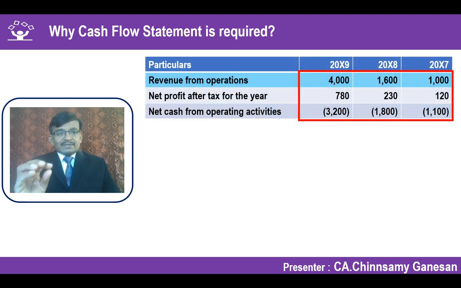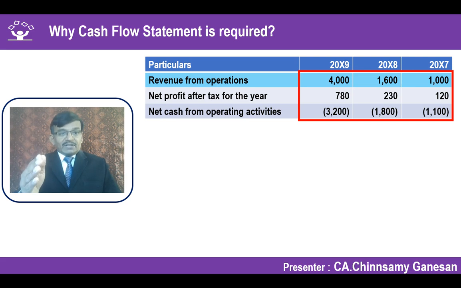Let's take this example for us to understand whatever we have discussed earlier in detail. In this case, I have taken, for example, 2019, 2018, and 2017, three years as comparative numbers, in which the revenue from operations, and I'm taking this as INR million, has gone from 1000 million to 1600 million in 2018, and to 4000 million in 2019.